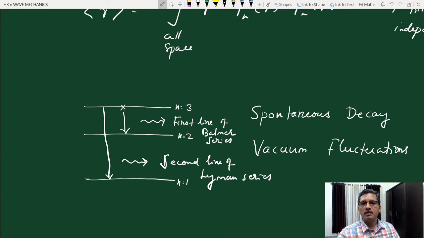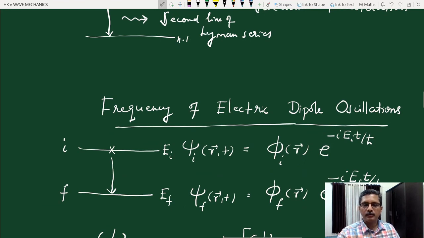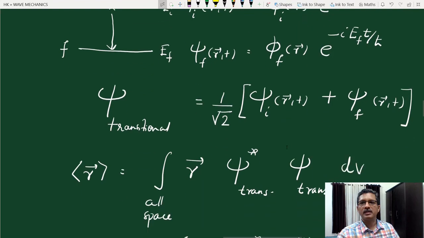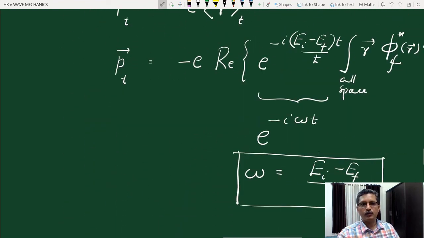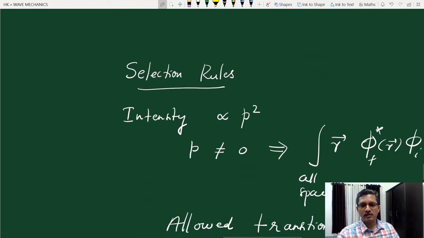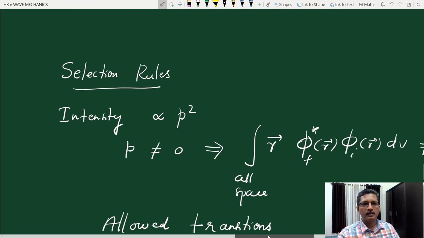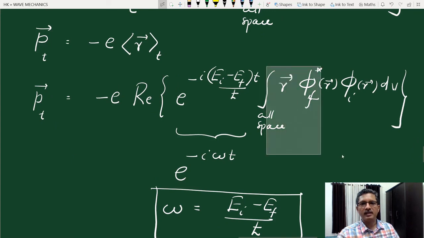Then there is spontaneous decay due to vacuum fluctuations, and during such spontaneous decay, the frequency of electric dipole oscillations is exactly (E_i minus E_f) by h cross. And what are selection rules? The time dependent part of the oscillating dipole moment involves an integral of this type.